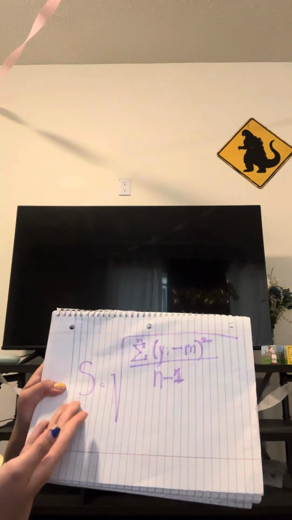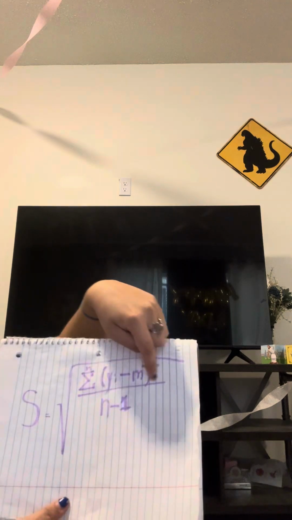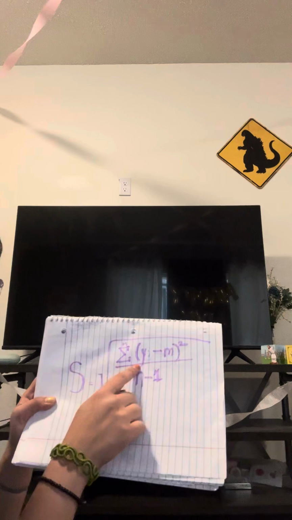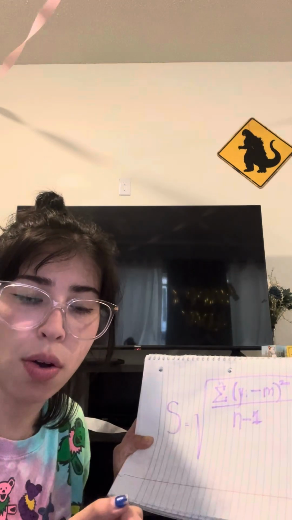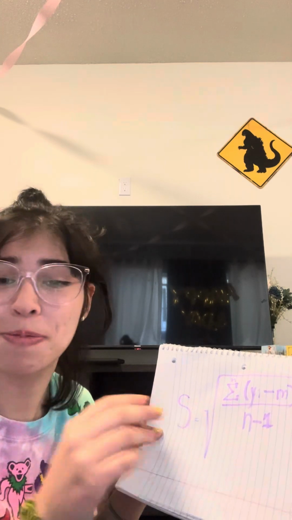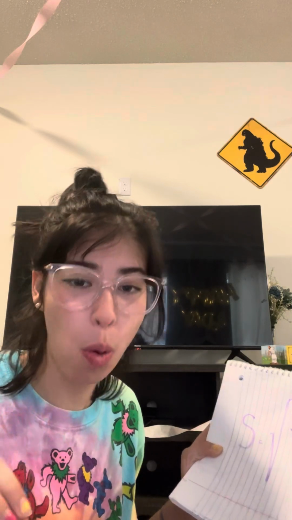So the S is, of course, for standard deviation, and for a formula such as this, we're going to begin with the top half, and particularly what's in parentheses. This Y just stands for the value of the sample. So we're going to get each value, and subtract each of them by the average of the whole.